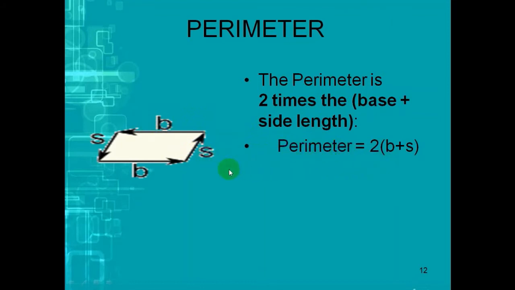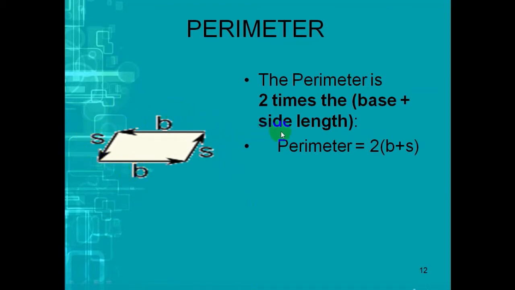So the perimeter formula for the parallelogram and for the rectangle is the same. Perimeter means the sum of all sides, the sum of the lengths of all sides is actually called the perimeter. So the perimeter for the parallelogram, you see over here, is b plus s plus b plus s.